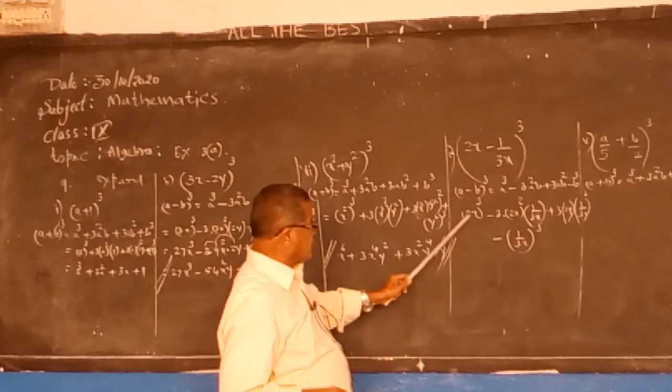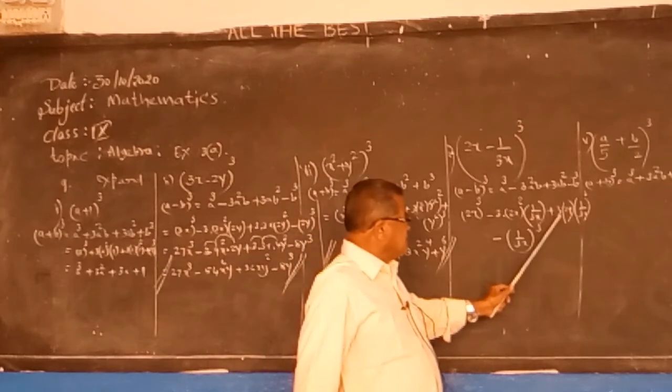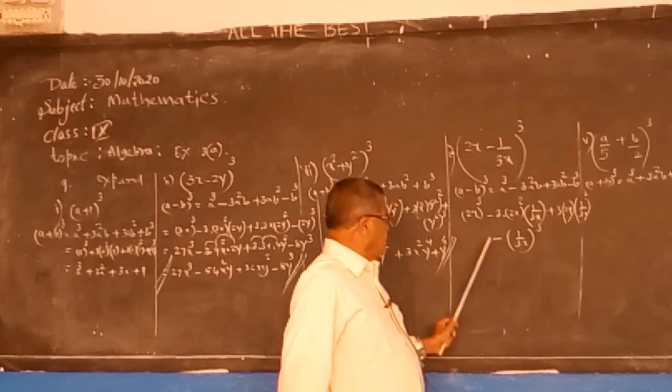This is a cube minus 3a square b plus 3ab square minus b cube.